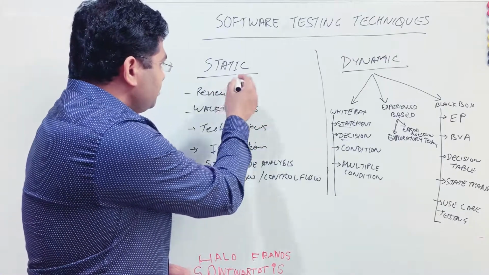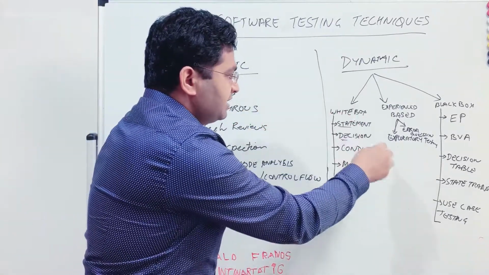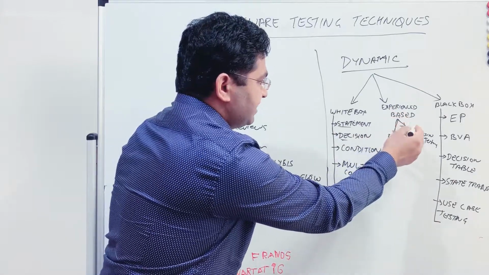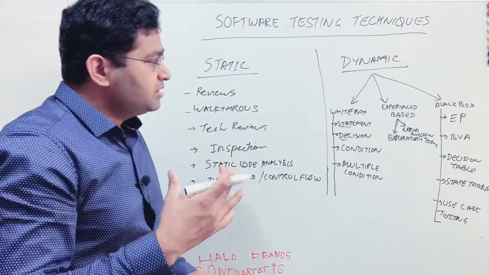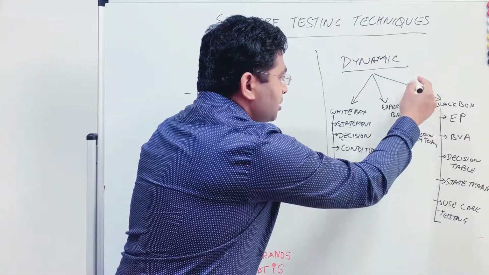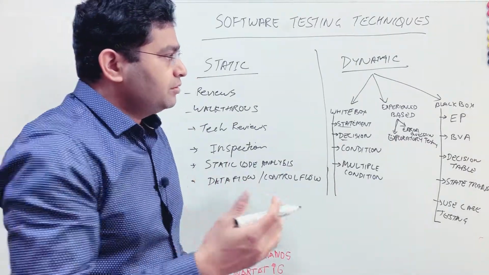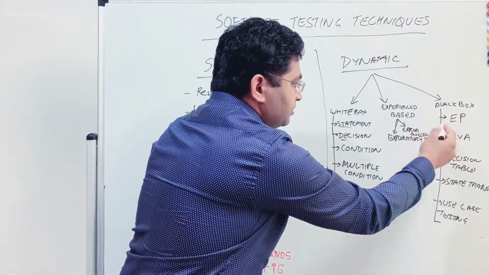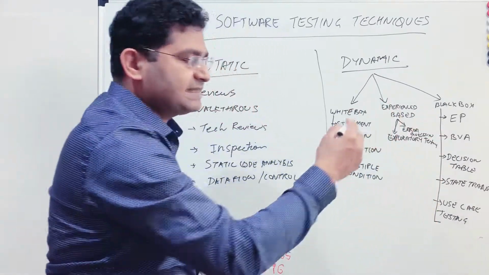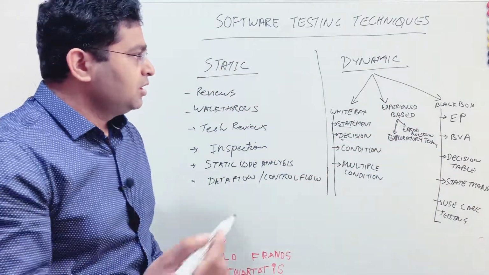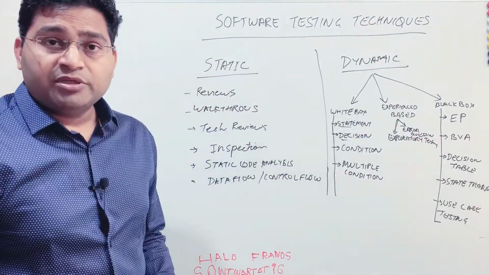I won't be covering all these static testing techniques, dynamic testing techniques, and error guessing as part of this software testing tutorial series, because this series is more focused on the manual testing approach. I'll be covering black box techniques like equivalence partitioning, BVA, and decision table, with examples, in the upcoming tutorial. I have covered these as well as part of the ISTQB tutorial series.